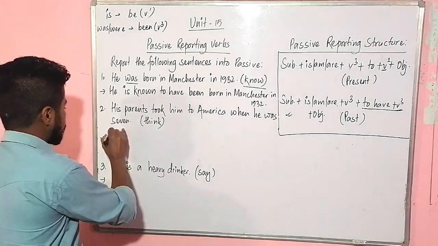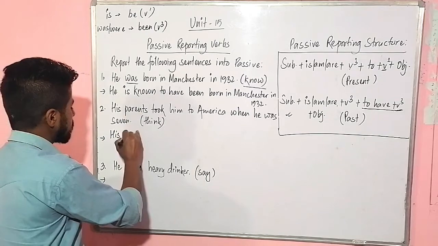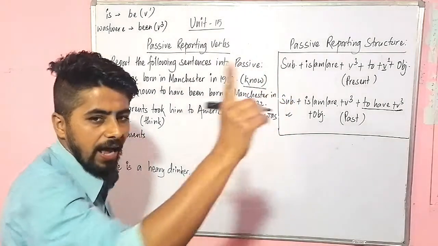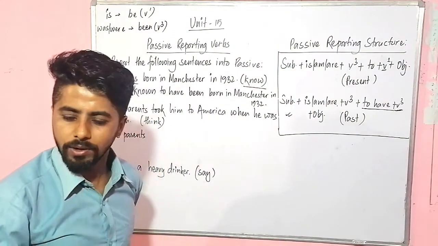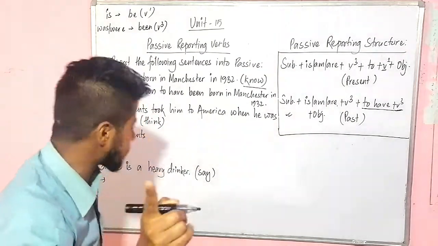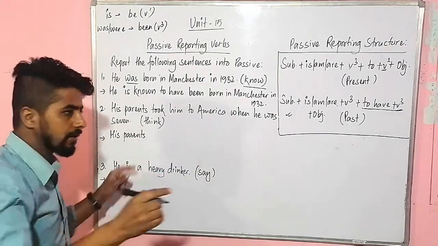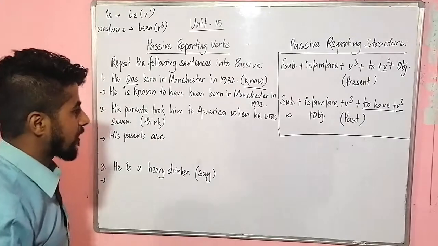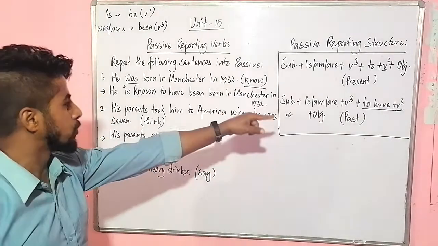His parents is the subject. After this, is, am or are should be used. What is suitable? Either is or am or are. Of course, his parents is plural here. That's why we have to use are. His parents are. Then after this, we have to use V3.